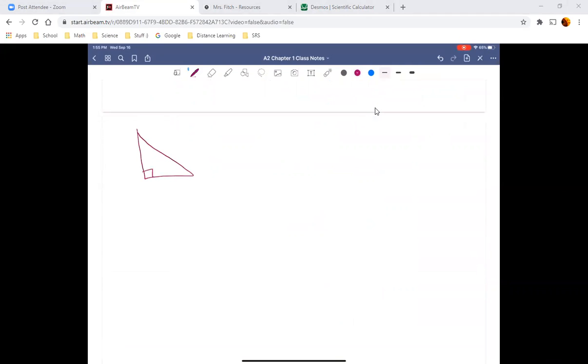We got a right triangle. Let's say this side is x inches. We got a 30-degree angle, and this side is 26 inches.